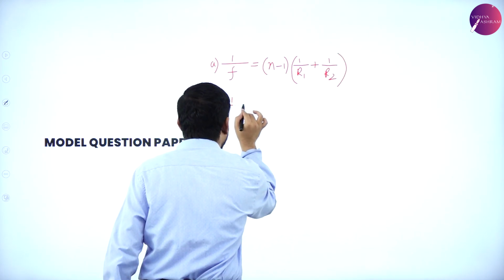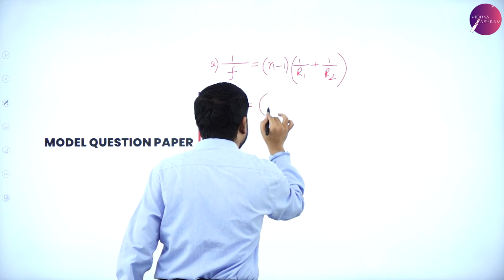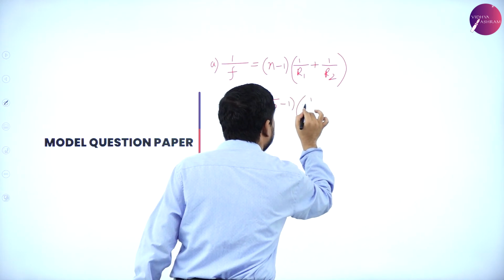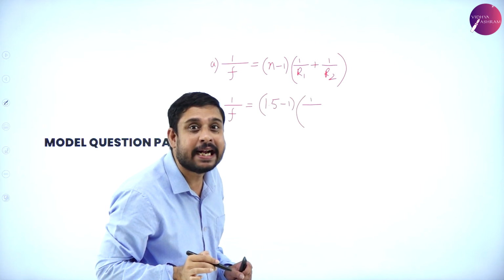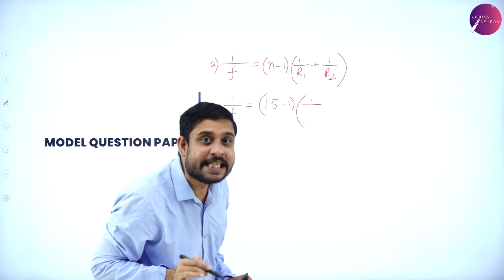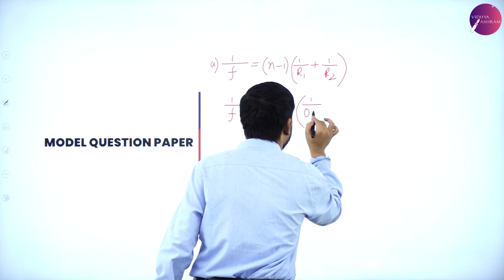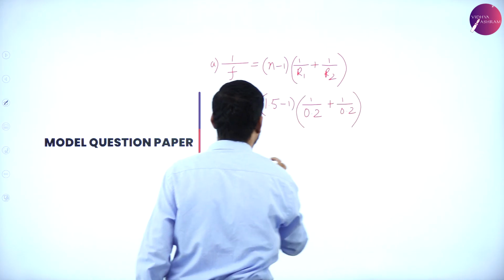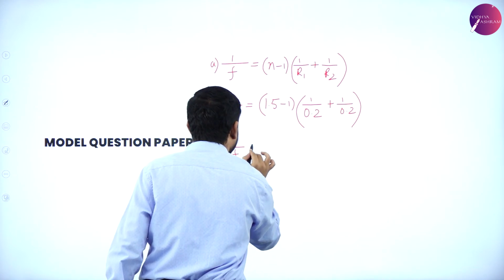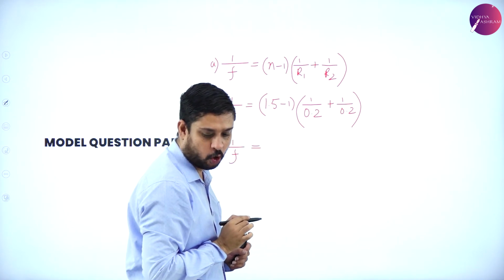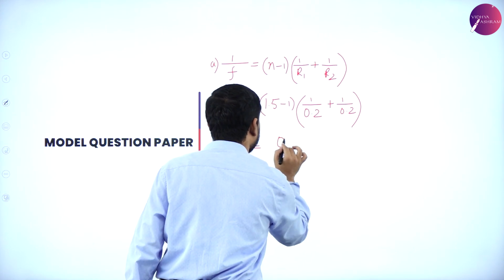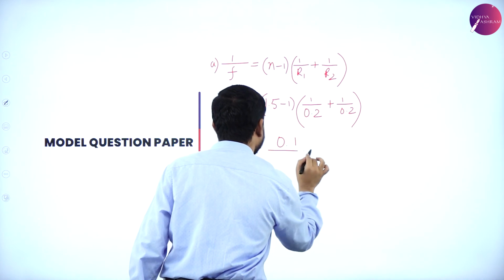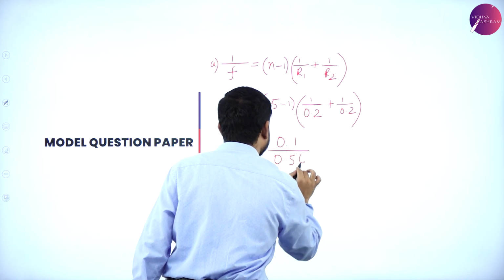So this is 1 by F, the refractive index is 1.5 minus 1, both R1 and R2 are 20 centimeter, which is 0.2 meter. 1 by F is equal to 0.1 divided by 0.56.